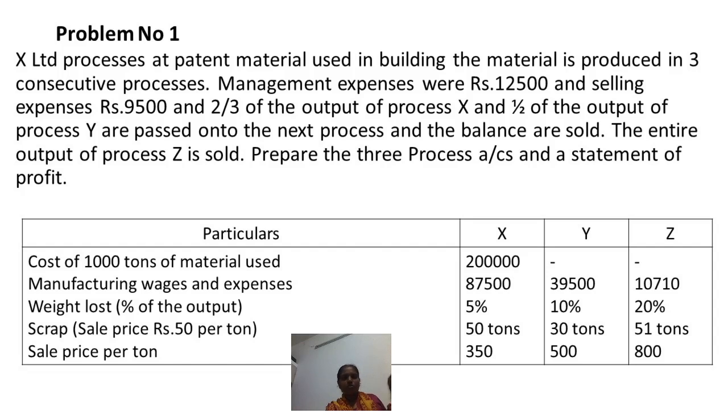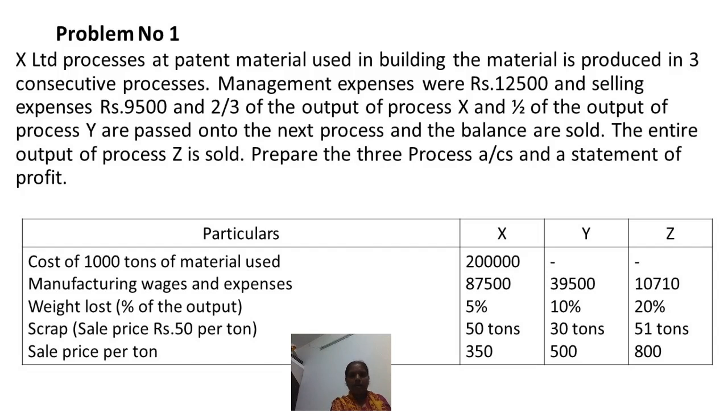Weight lost, percentage of the output, is given as 5%, 10%, and 20%. Scrap sale price is given as rupees 50 per ton.